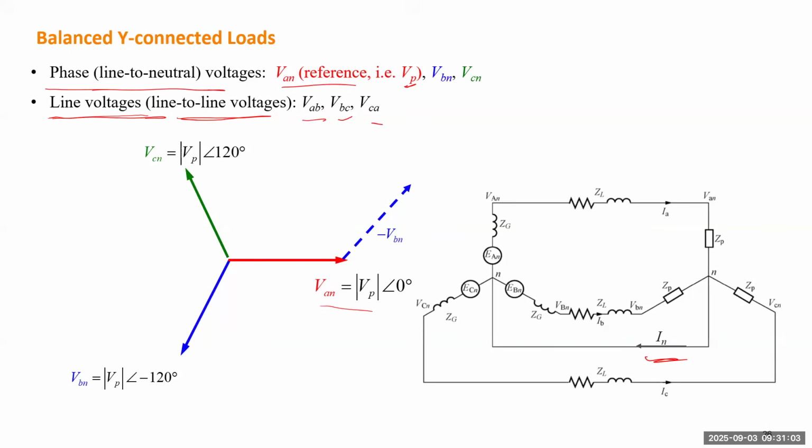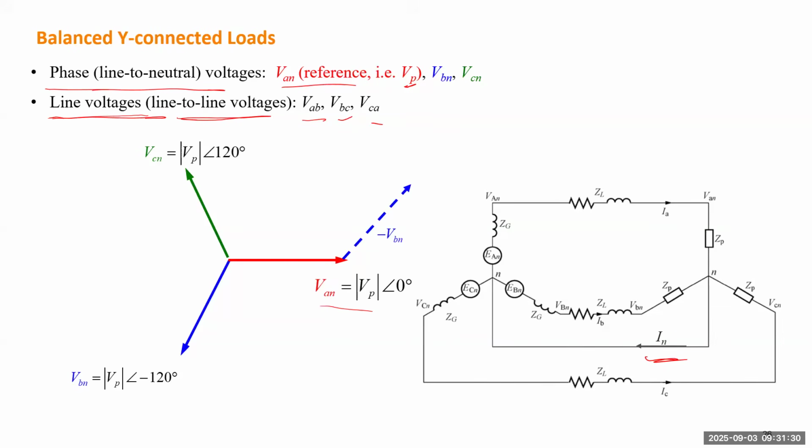Okay, so in the circuit, when you write down the voltage phasors, pay attention to the subscripts. Because for instance, when we call it VAN, both A and N have purposes, because VAN represents how much the A side is higher than the N side. So that's why we put A in the front.